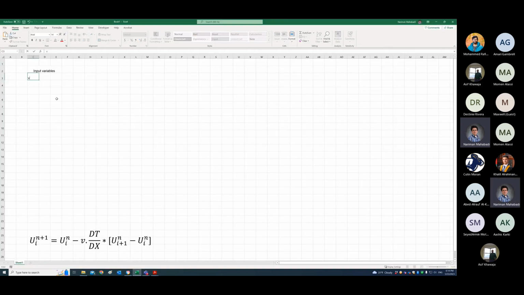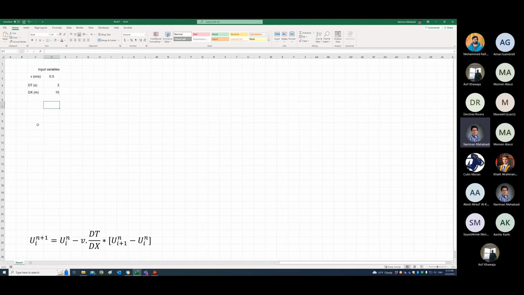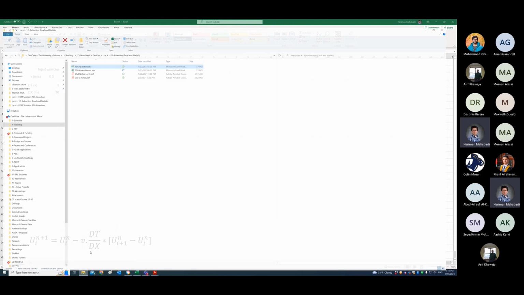You have the velocity, v, in meters per second, which I define to be 0.5. Then delta t is 3 seconds. Just write the units so you don't mix them up. Then delta x in meters is 10. What else? This should be all. Do we have anything else?